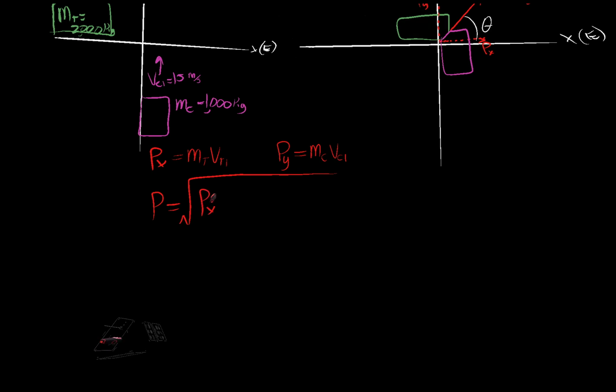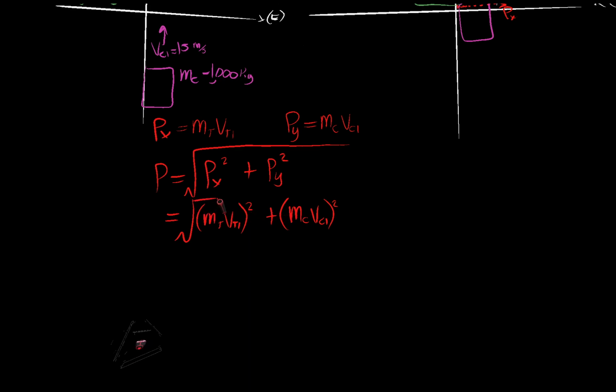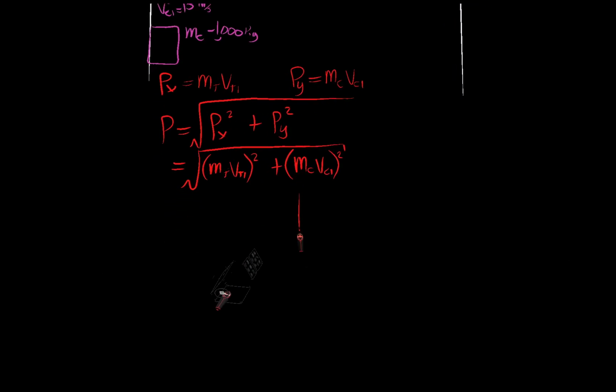So the square root of px squared plus py squared, which is equal to the square root of (mt vt1) squared plus (mc vc1) squared. All right. So what that gets us is the final momentum, right?